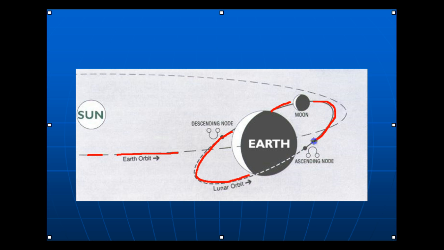So here's that orbit path. In fact, it's at a 5-degree angle. So write that in your notes. It's at a 5-degree angle. So this angle right here is 5 degrees.